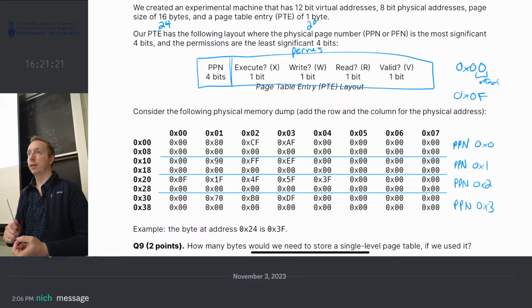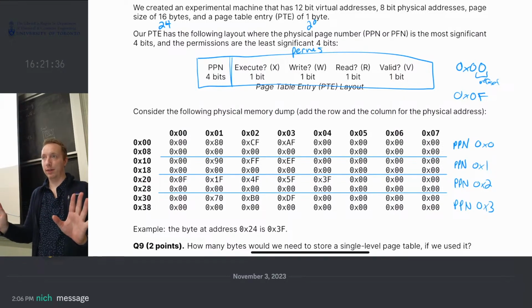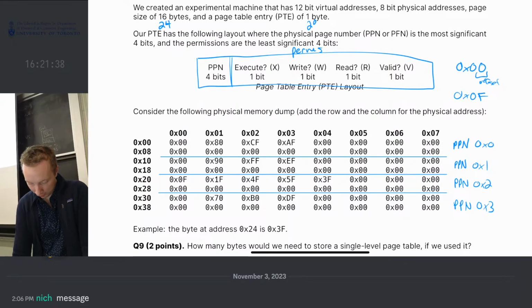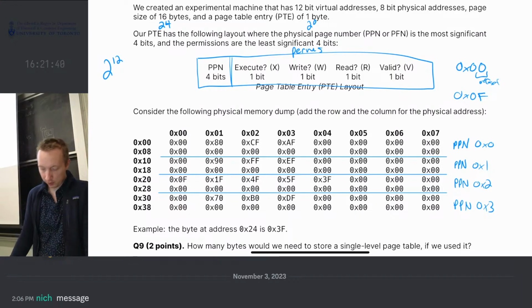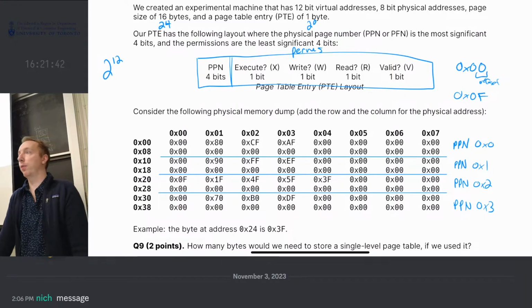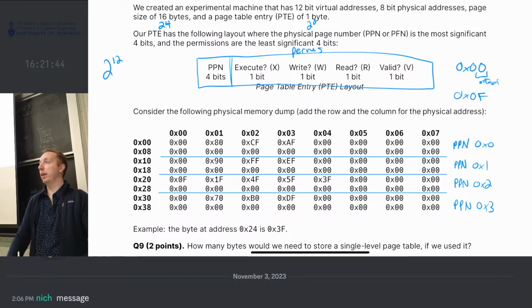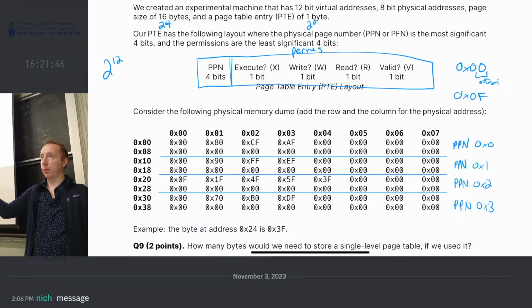If page size is 16 bytes, that's 2 to the power of 4, so we need 4 bits for offset. That's not related to the physical address at all. So 2 to the power of 12 is how many bytes I can use for all my virtual addresses.